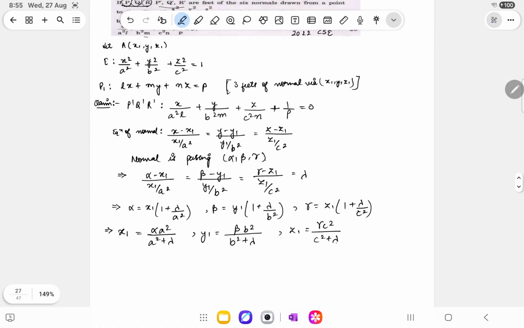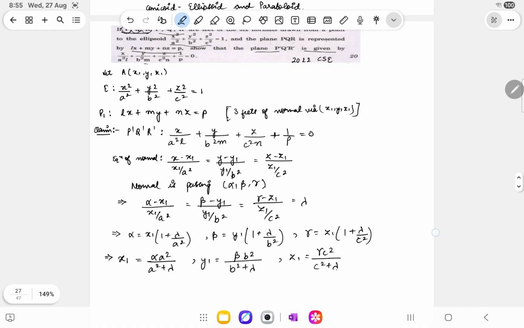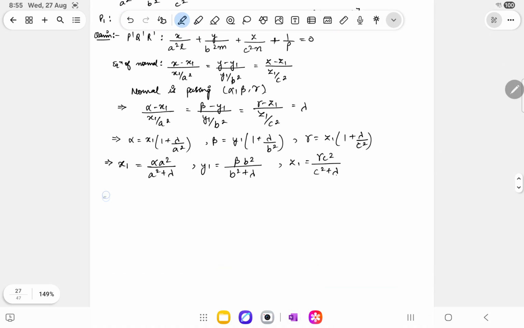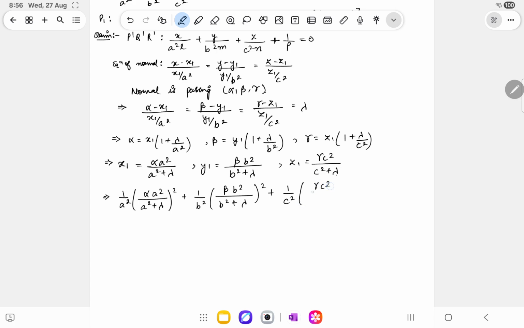And since we have taken the normal at point x1, y1 and z1, it must be lying on the ellipsoid. So using that logic, I'll get 1 upon a square into (alpha a square upon a square plus lambda) whole square, plus 1 upon b square into (beta b square upon b square plus lambda) whole square, plus 1 upon c square into (gamma c square upon c square plus lambda) whole square, equals 1.